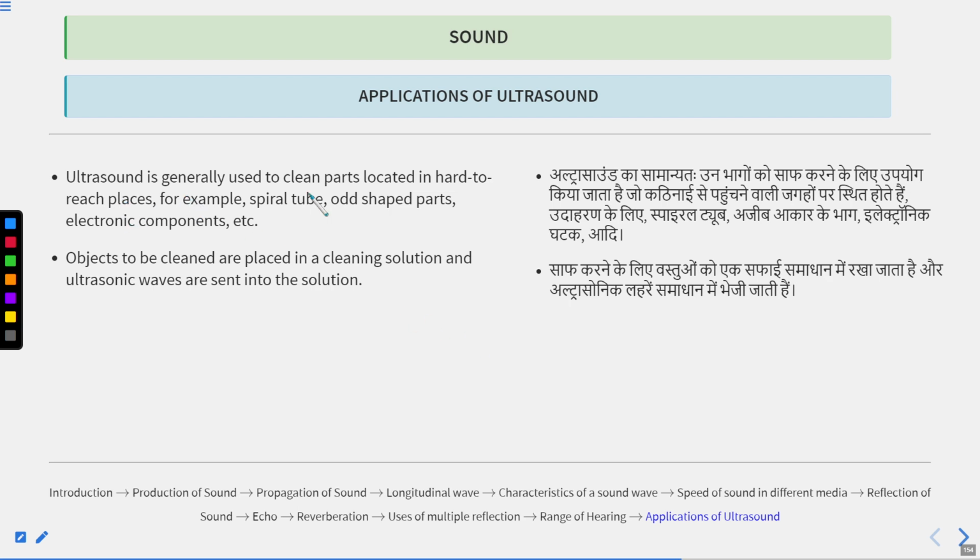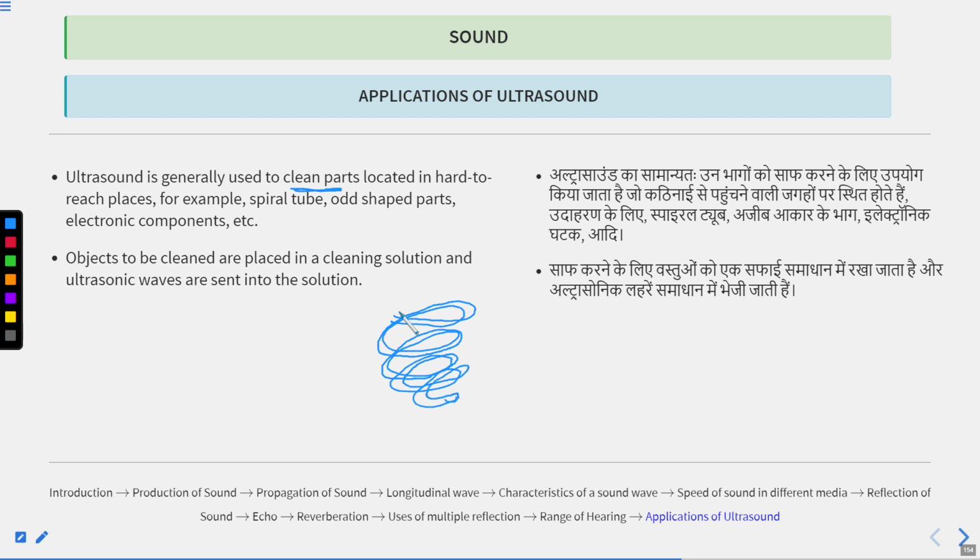Ultrasound are generally used to clean parts located in hard to reach places. Ultrasound is used for cleaning those parts which are hard to reach. For example, any spiral tube, a tube something like this, is very hard to clean by hand.